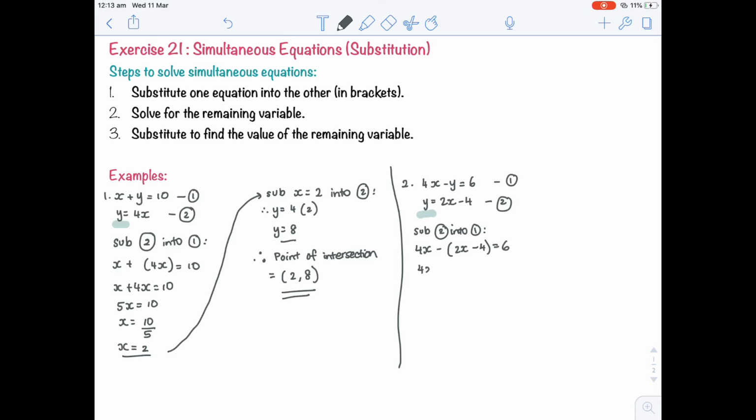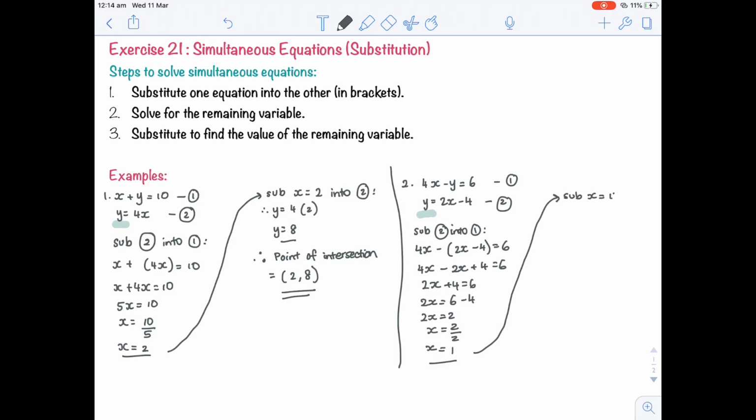Be careful when you're expanding a bracket because of the negative. That will change the sign once you've expanded your values. So minus 2x plus 4 equals 6, and then we solve for x. So 2x plus 4 equals 6, 2x equals 6 minus the 4, 2x equals 2, and x equals 1. Once you have found the value of x, again, you substitute that into any of the equations.